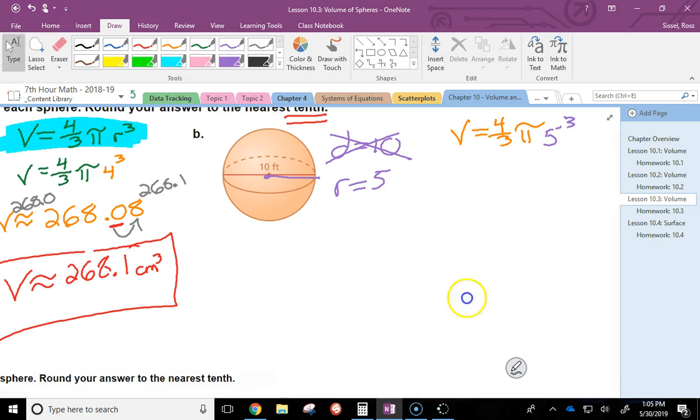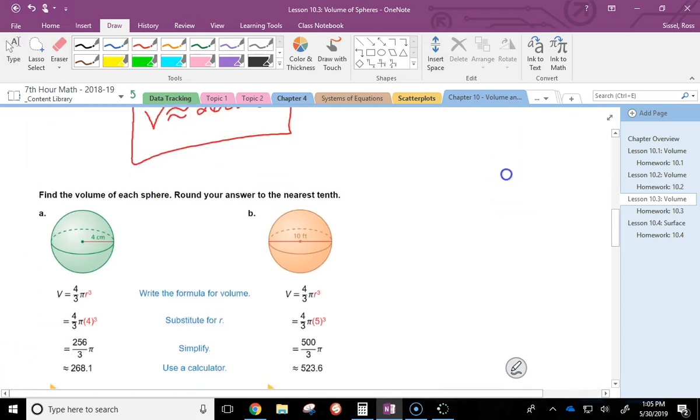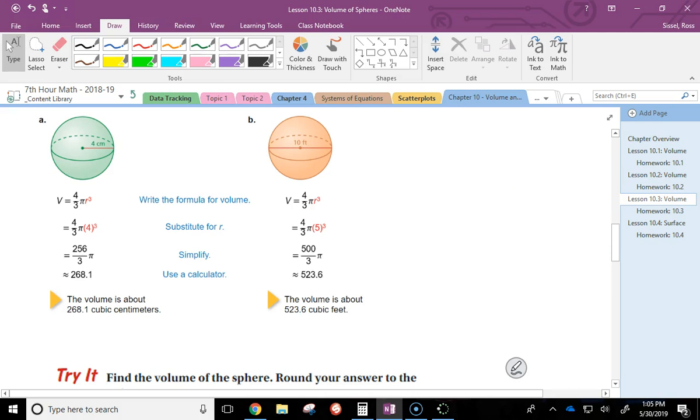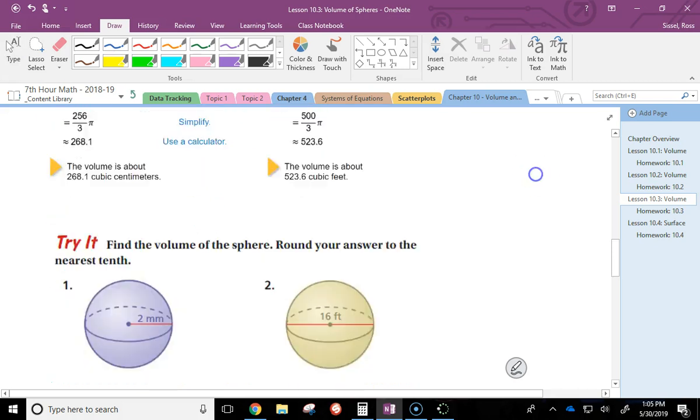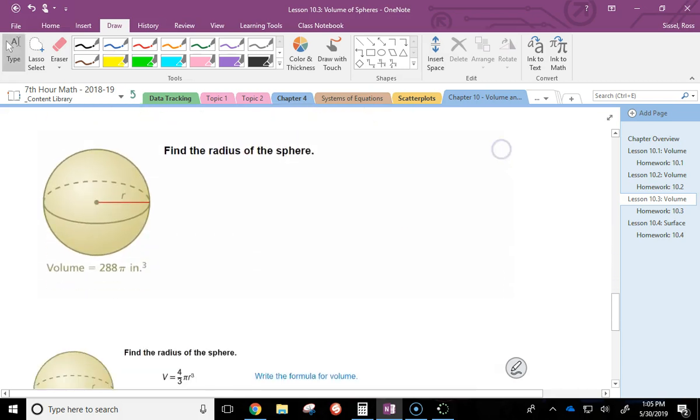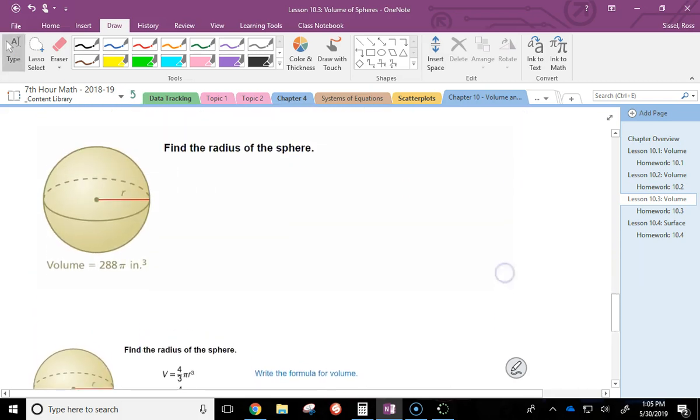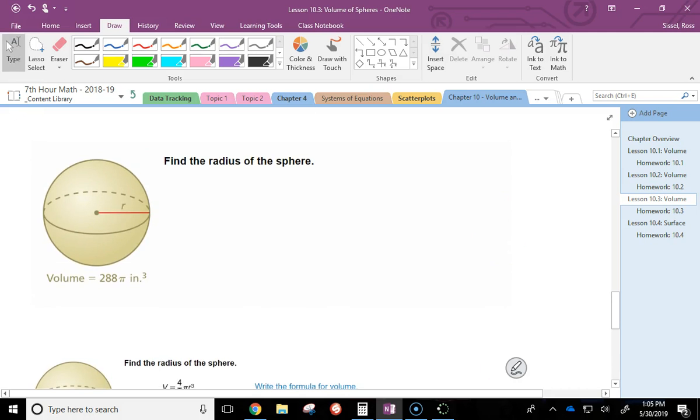If you're working on today's and you get confused, here are the notes for A and B. And this is pretty much all the work you have to show. Let the calculator do all the hard stuff. We're going to skip these 2 examples and you just work. But we're going to do one last one.